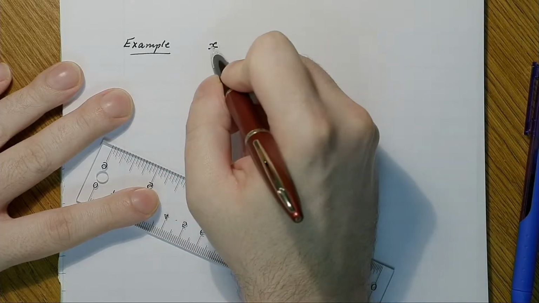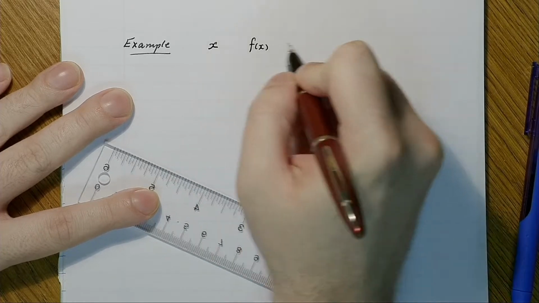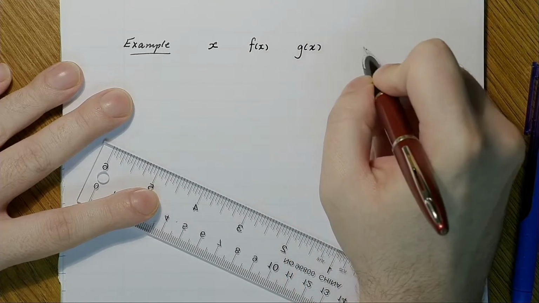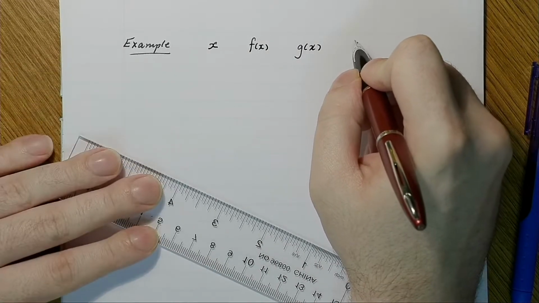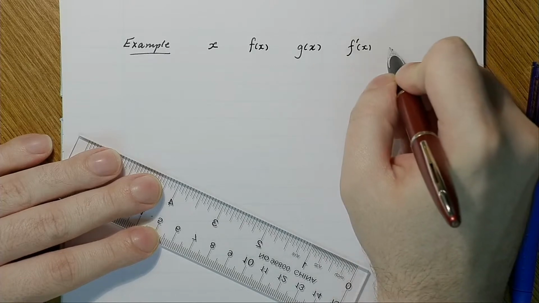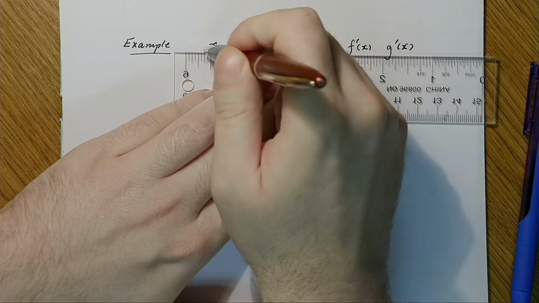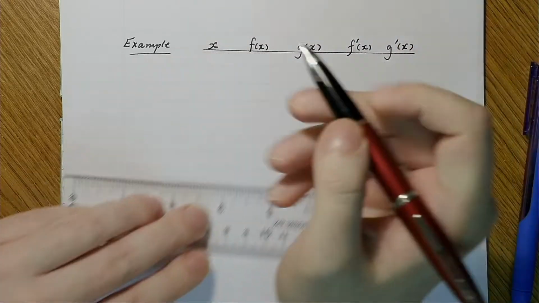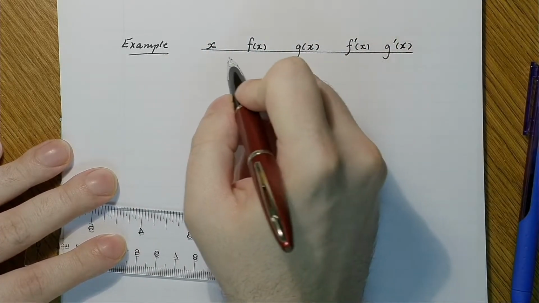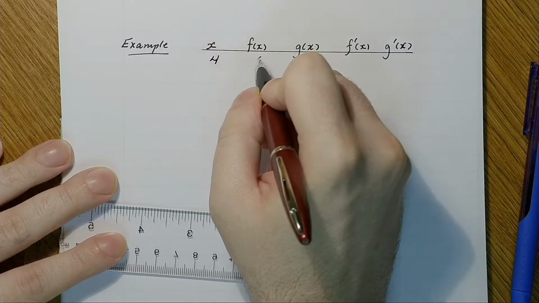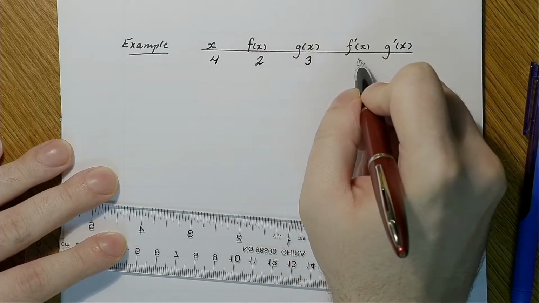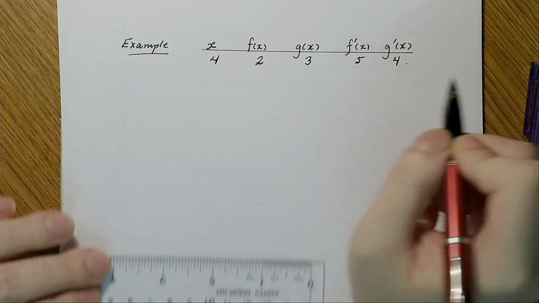I have x, I have f of x, g of x, f prime of x, g prime of x. I'm going to draw a little table. So we have 4, 2, 3, 5, and 4.